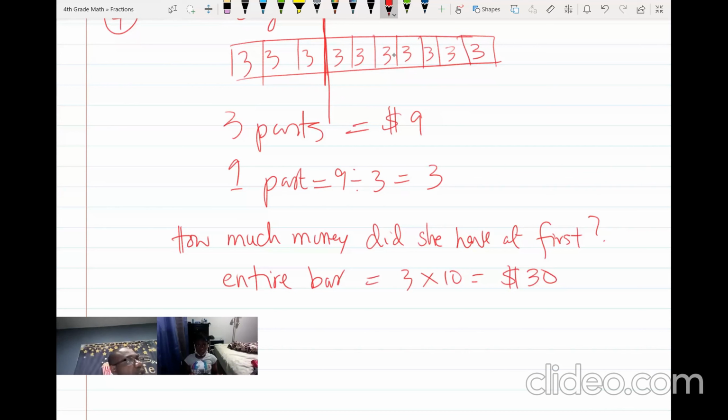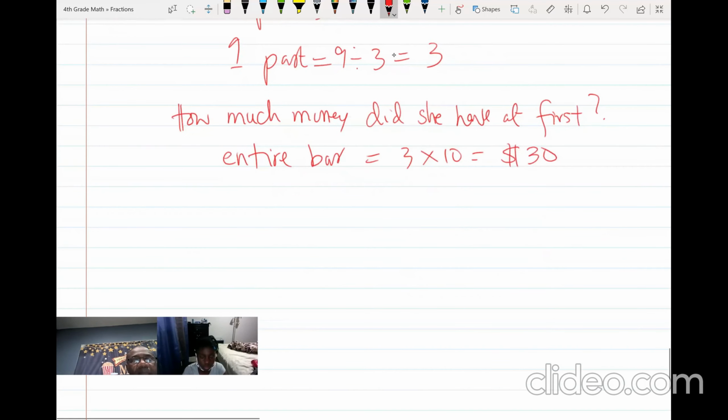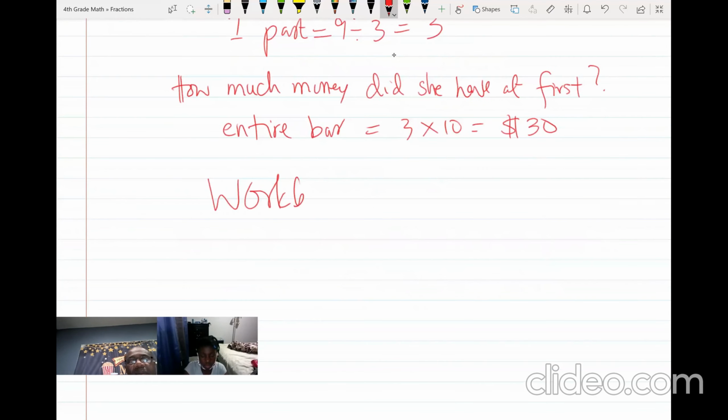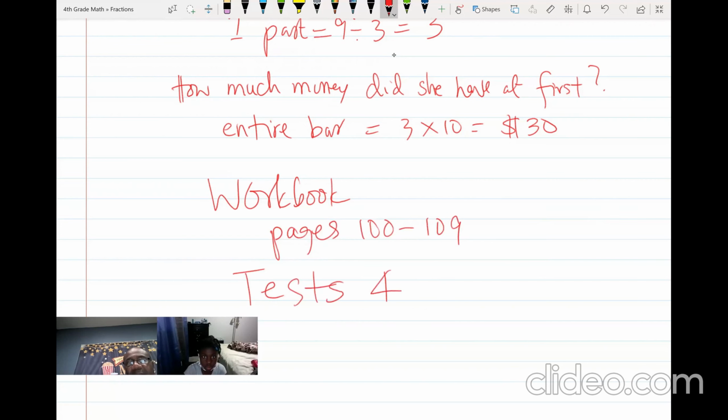Okay, so you're going to follow this and do up to page 109, and also that's for your workbook. Workbook pages 100 to 109. And then there are these tests, 4A.